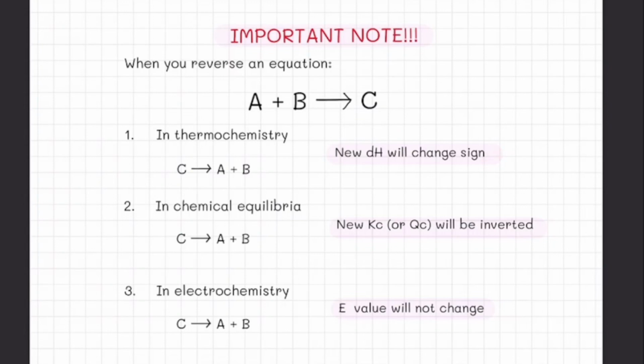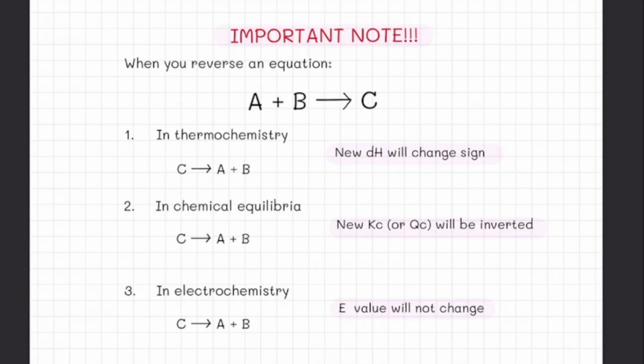From positive, delta H will change to negative. Then in chemical equilibrium, what happens when we reverse the equation? Our Ka or our Qc or our Kc, the value will invert, and become 1 over something.